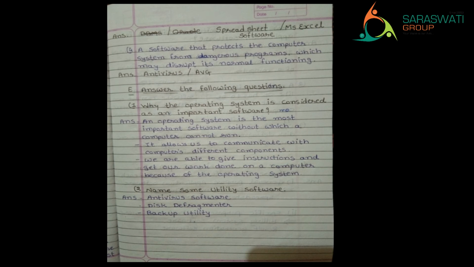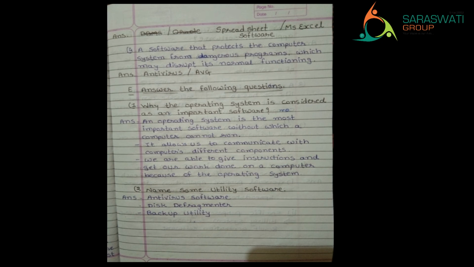Moving further to the second question. Name some utility software. Means in this chapter we have studied only 3 utility software according to your grade. Which are there? First, antivirus software, which is protecting the computer from the dangerous virus, right? Then disk defragmenter, which is just rearranging the files and data so we can have more space and computer will work with speed.